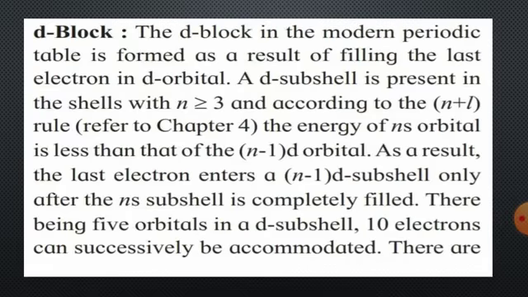Let's move forward to the d block elements. The d block elements in the modern periodic table are formed as a result of filling the last electron in the d orbital. Here the last electron will enter the d orbital.